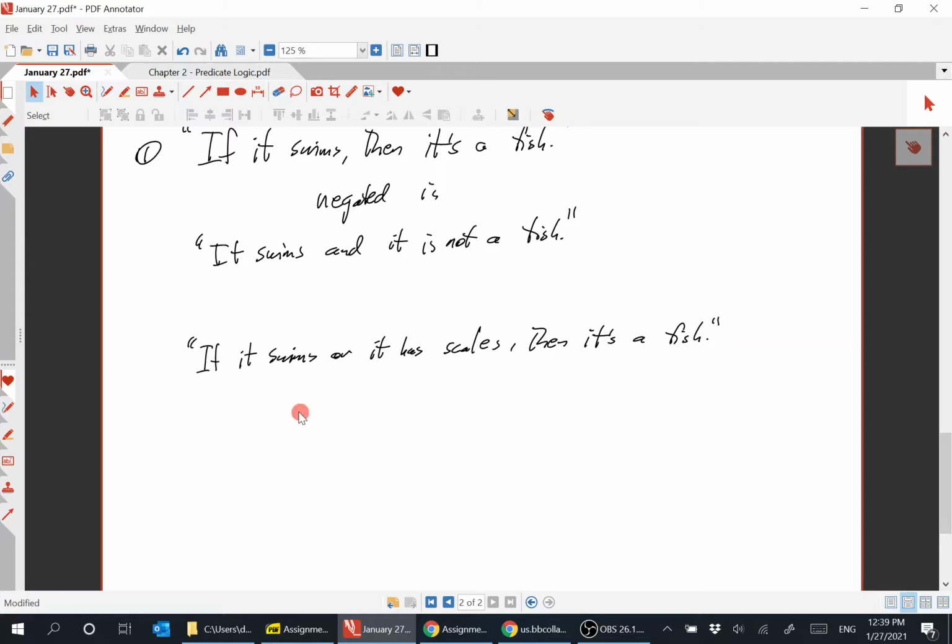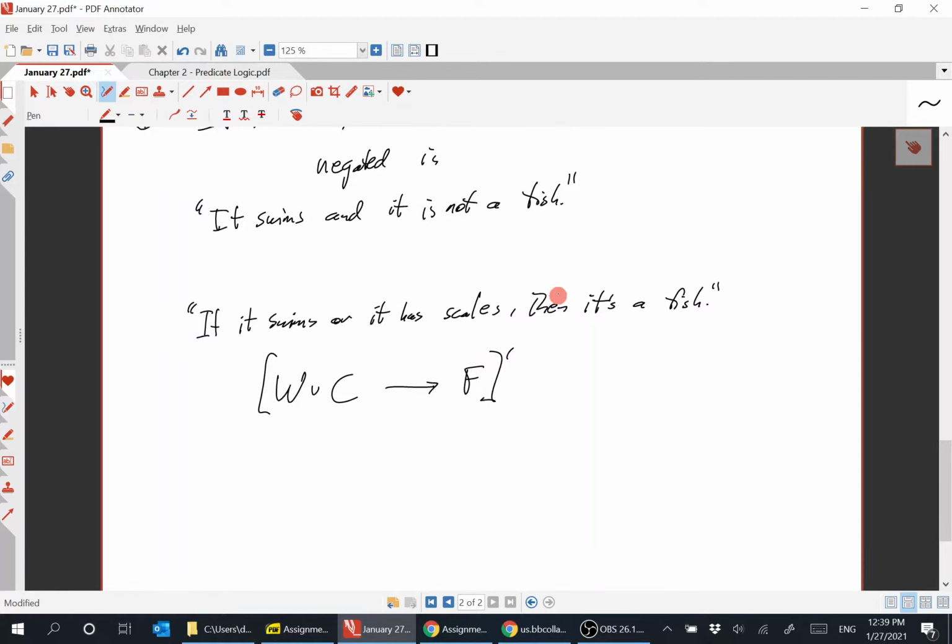We can say S or C implies F. Yeah. S or C implies F, right? And then you want to negate it. Right? So this becomes, what's the symbolic form? What's the negation of this?